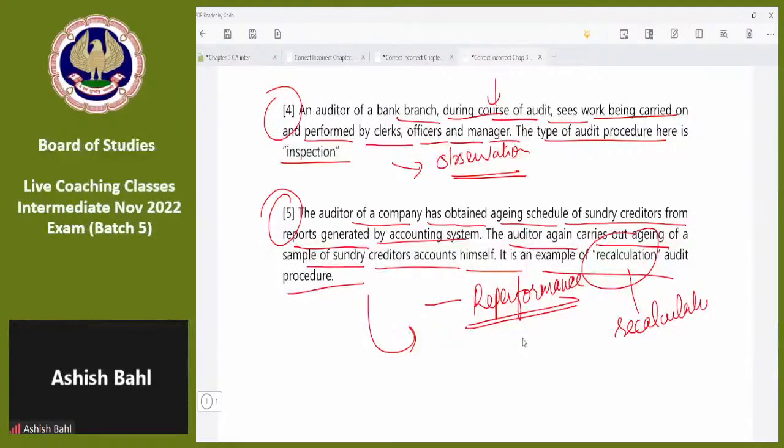He is re-performing a procedure which was part of the internal control procedure of the management, and he is again doing it. Okay, so is it clear? Is it clear, guys?